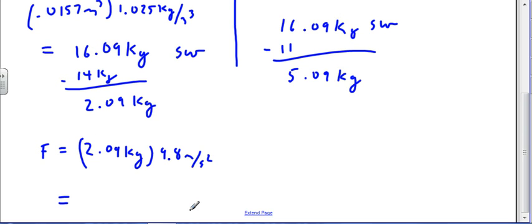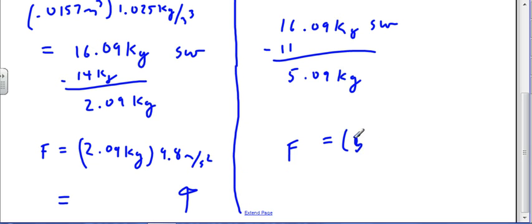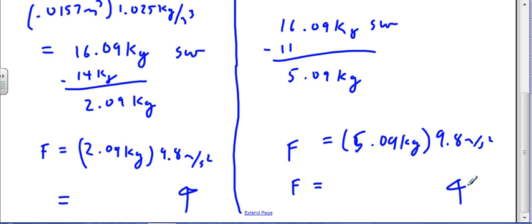The direction is going to be up, and the force when I'm empty is going to be 5.09 kilograms times 9.8 meters per second squared, and that force is also going to be up. So in both cases it's going to be going up.